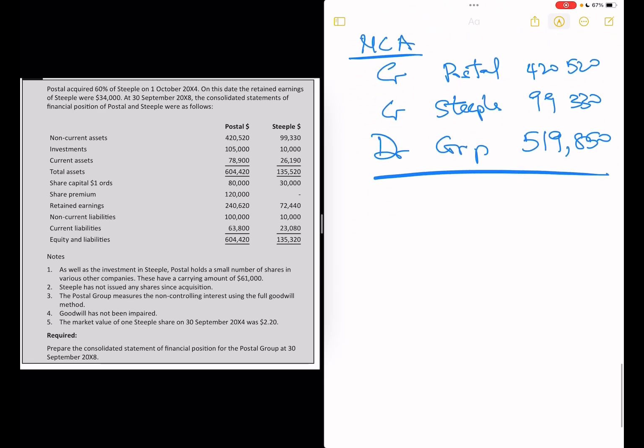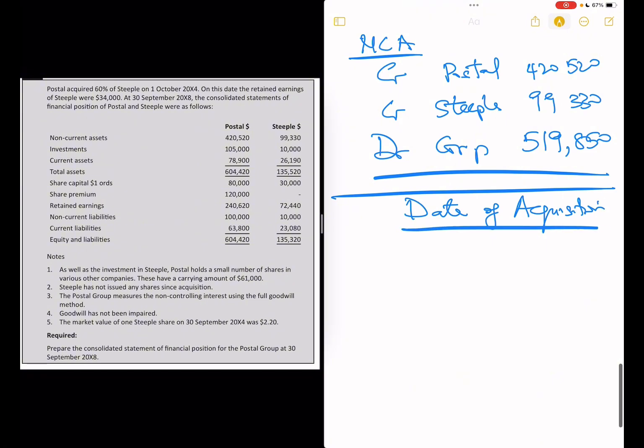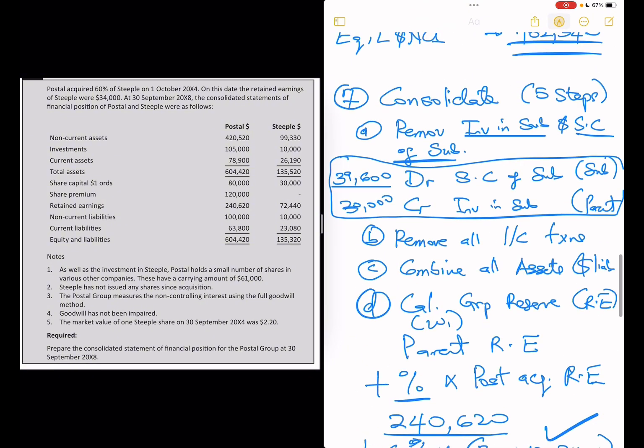Now, for the date of acquisition, which is the adjustment we usually make in our step A, I want to give you a full entry that happens on that day.